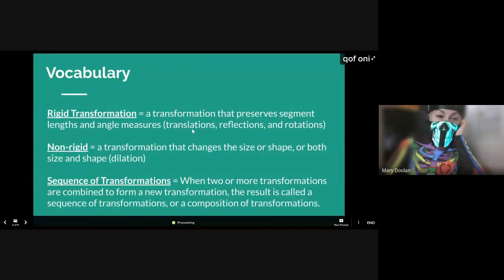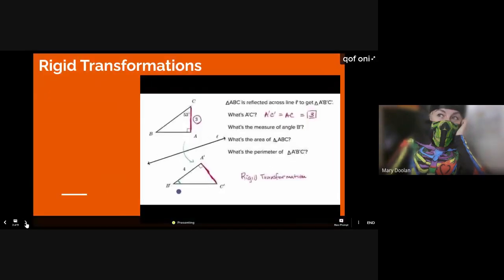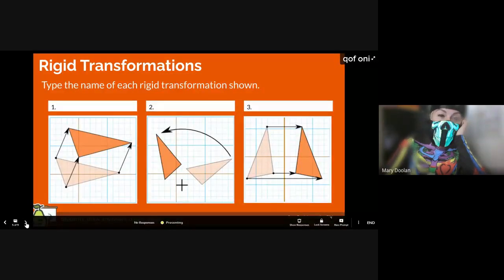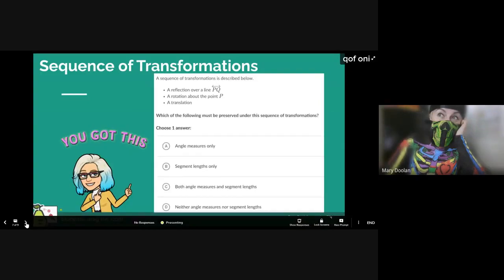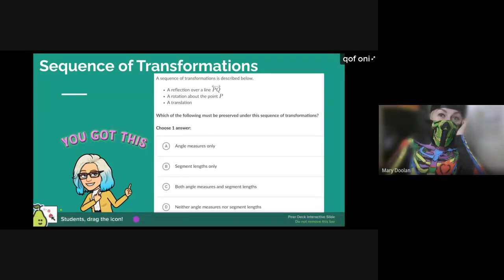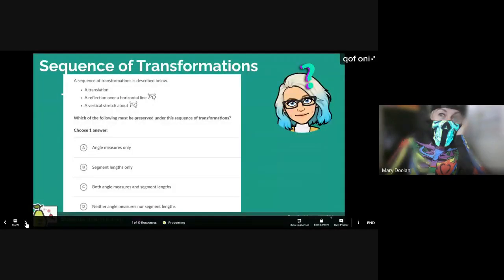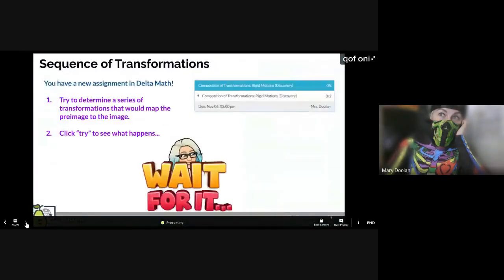Which one's a translation? Which one's a reflection? Which one's a rotation? You have to identify the transformation. A video. Drag and drop the icon. Drag and drop the icon. And then sequences of transformations in Delta Math.